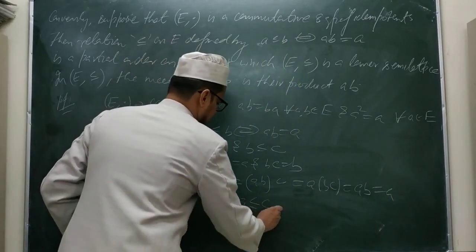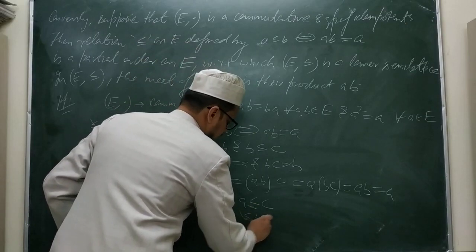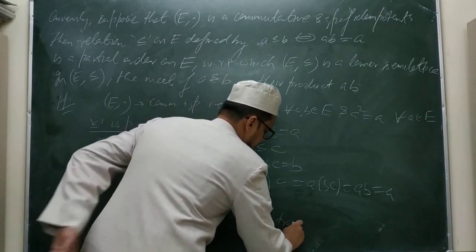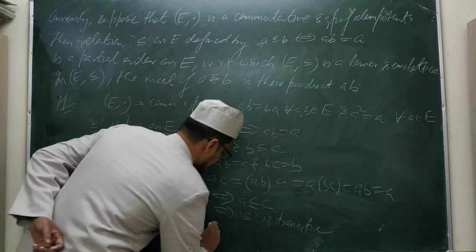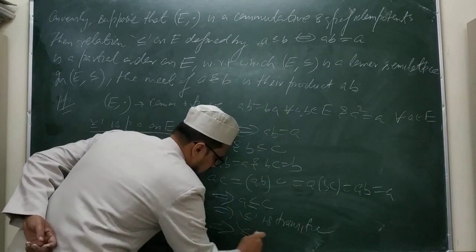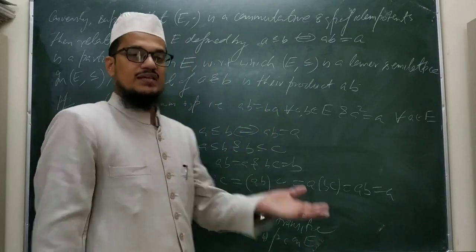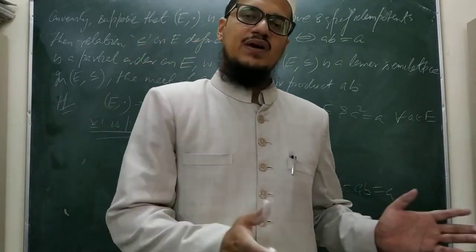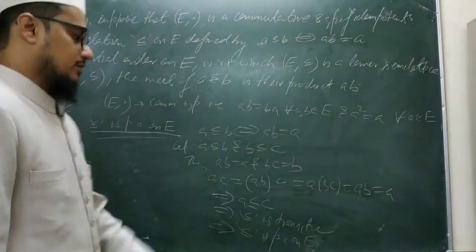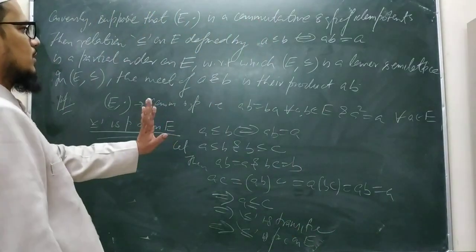It implies A less than or equal to C. It implies that the relation is transitive. So it is a partial order on E, because the relation is reflexive, antisymmetric and transitive.